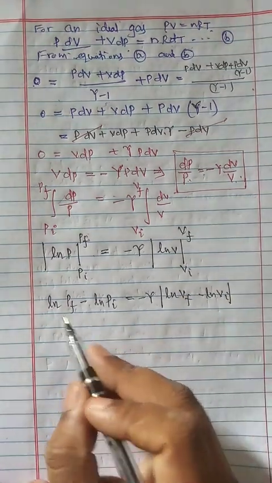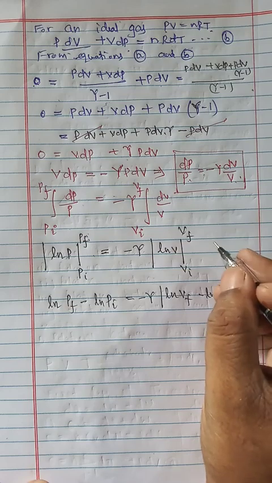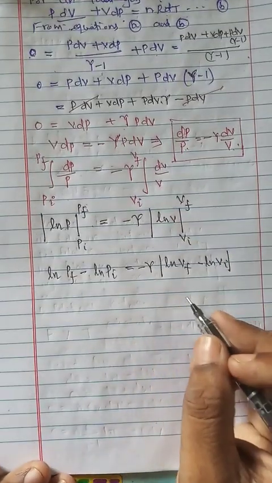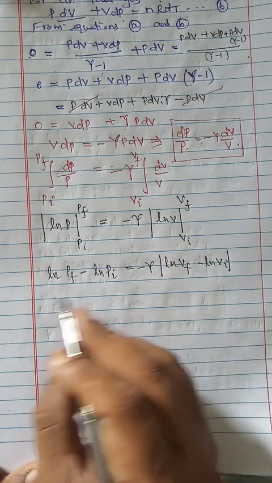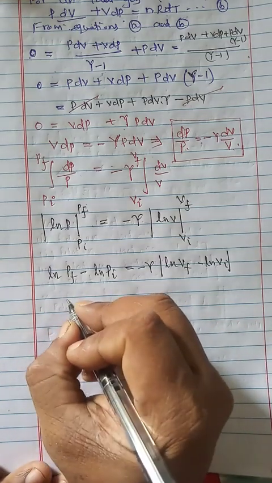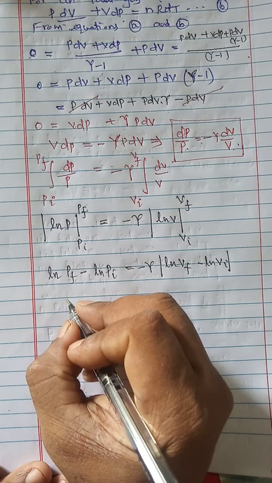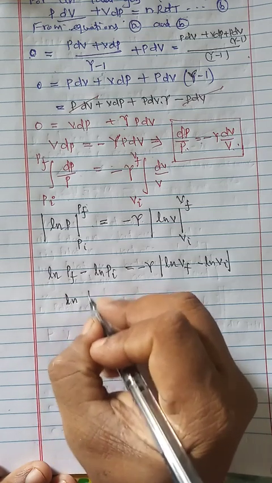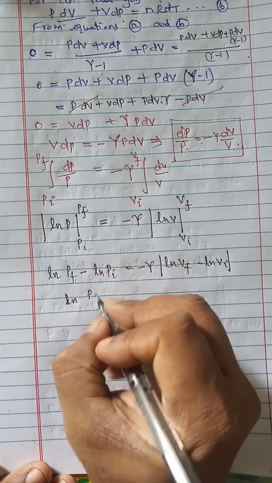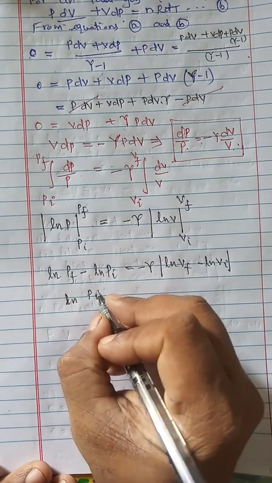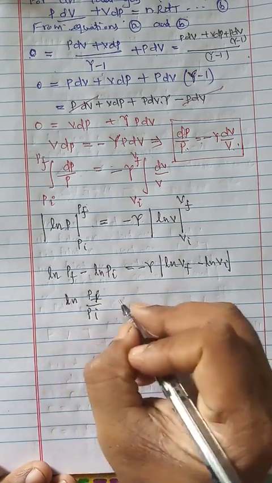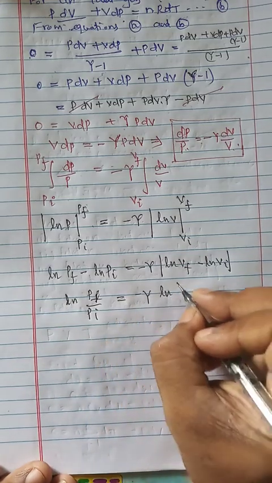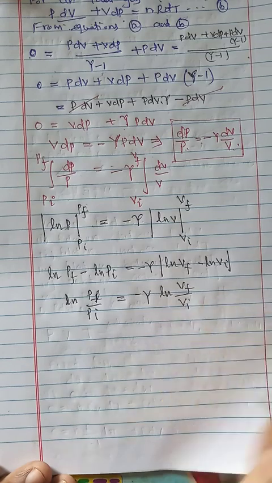You know that ln A minus ln B is nothing but ln A by B, by the logarithm rules. So ln Pf by Pi is equal to minus gamma ln Vf by Vi.